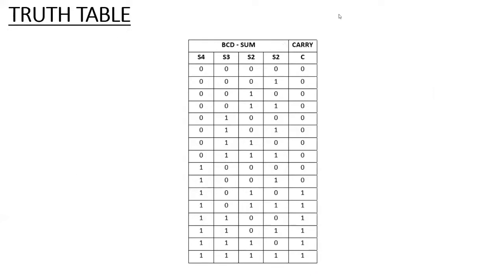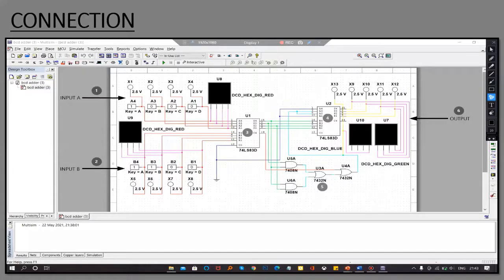Next we have the truth table. This is the truth table we have to verify. Let's get to the experiment part. As I already told you before where to select the component and the ICs, we will go straight to the connections part.